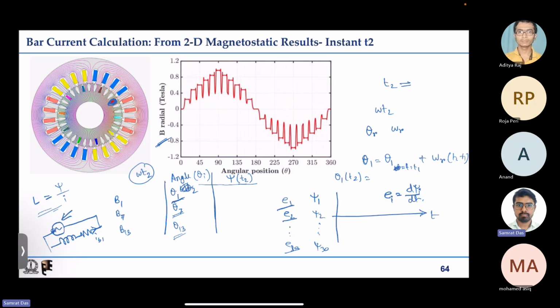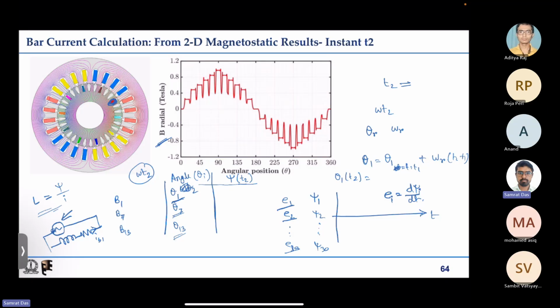Because for the DC machine, if we inject both and look at the flux linkage of a certain conductor, the resultant field looks a little different, but the resultant flux linkage value does not change. We will see that when we go there.